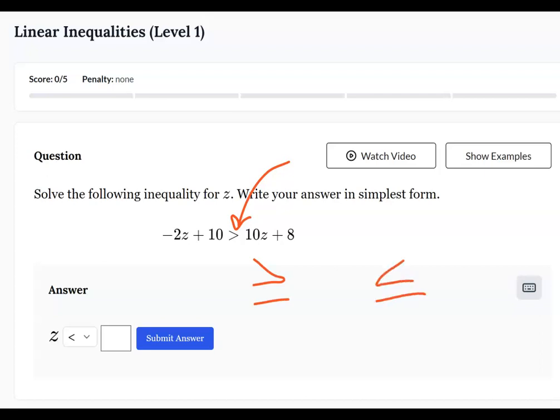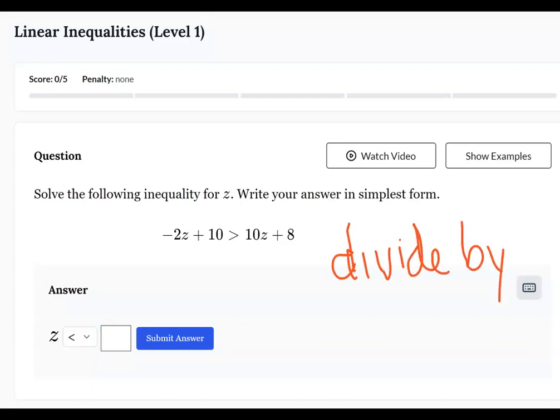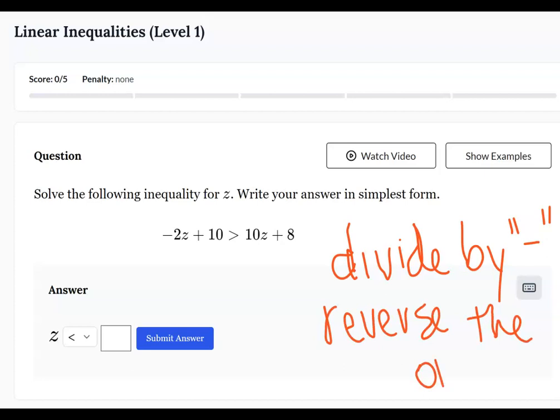It doesn't matter. The only thing that matters is the one rule that states if you divide by a negative, you reverse the order. And the order is the direction in which this faces.